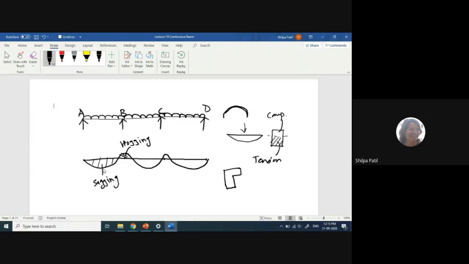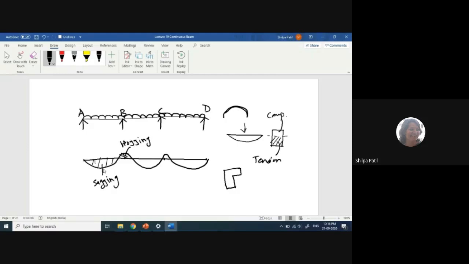Okay, the slab portion, this portion is in the compression zone of the beam and hence it is considered as a part of the beam, and hence the middle span of the continuous beam is designed like an L beam or a flange beam.